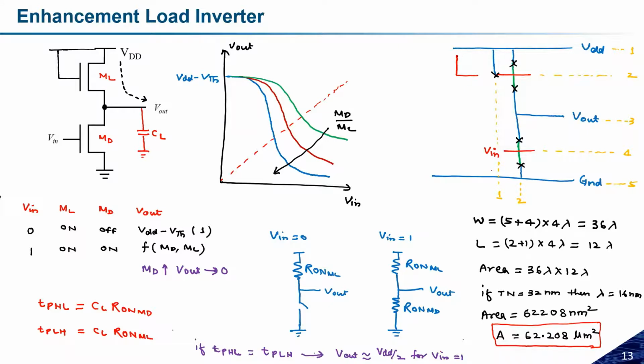Sir, it will be 0.622, right? Which one? Area, in micrometer square. Yes, we have to divide by 10 to the power 6 to convert nanometer square to micrometer square. Currently we have an area of 62208 nanometer square.